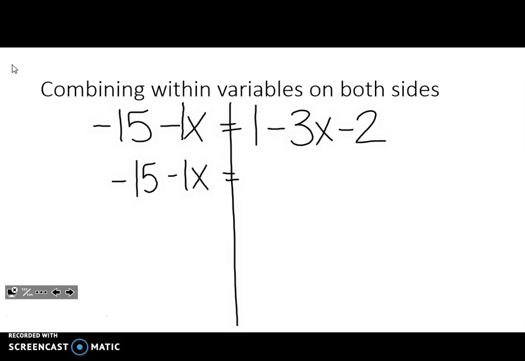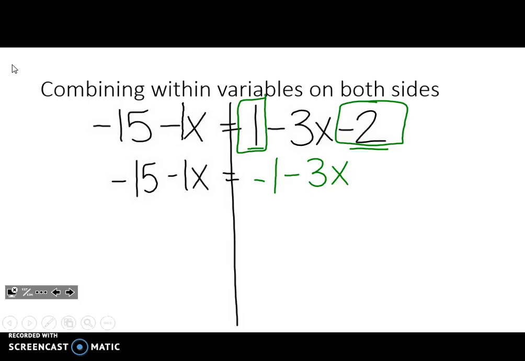Over here on the right, I can combine like terms of 1 and negative 2. So we're going to type in what we see. So you should type in 1 minus 2, and we should get negative 1. And then I'm going to rewrite that negative 3x.